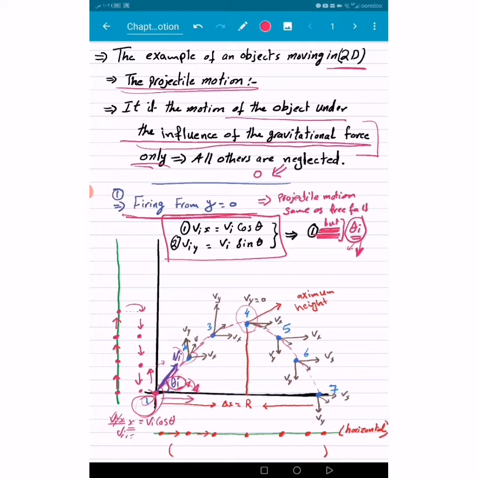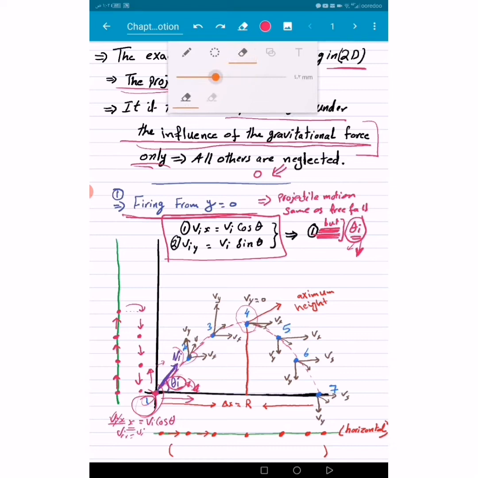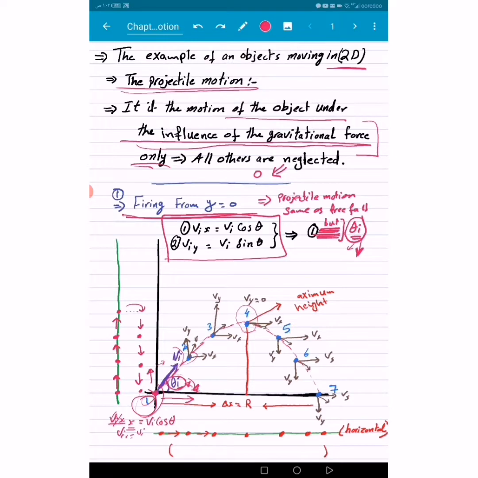In X it is Vi cosine theta. Now Y. Y here is equal to Vi sine theta.